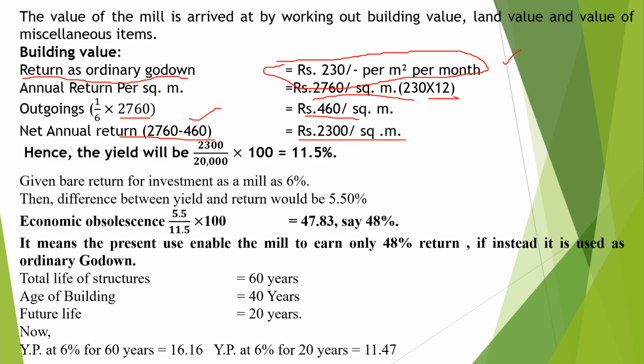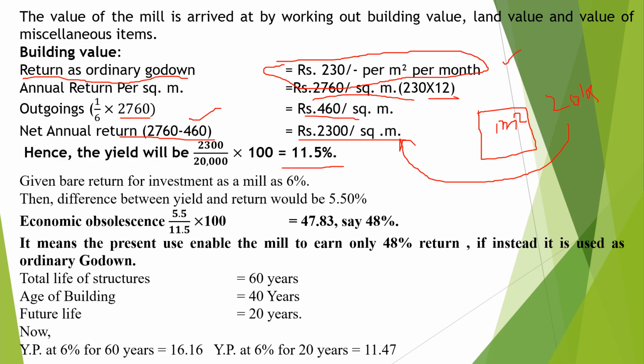Hence, by investing in a building, the cost of which is 20,000 per square meter, if you give this building on rent in the form of an ordinary godown, you will get this much rent per square meter. It means the yield will be 2,300 divided by 20,000, which is 11.5%.